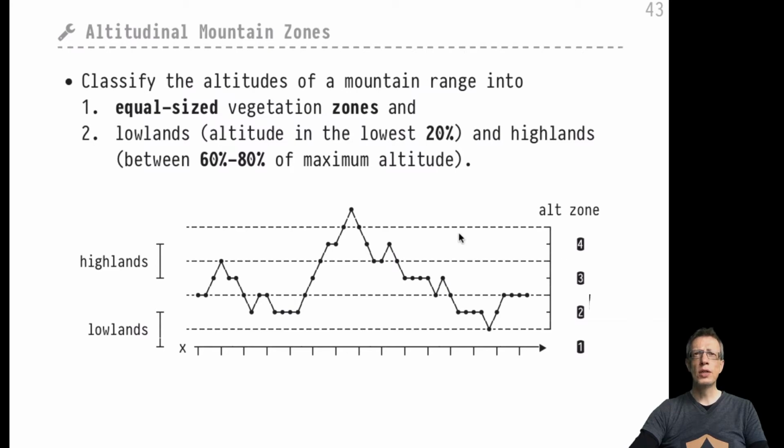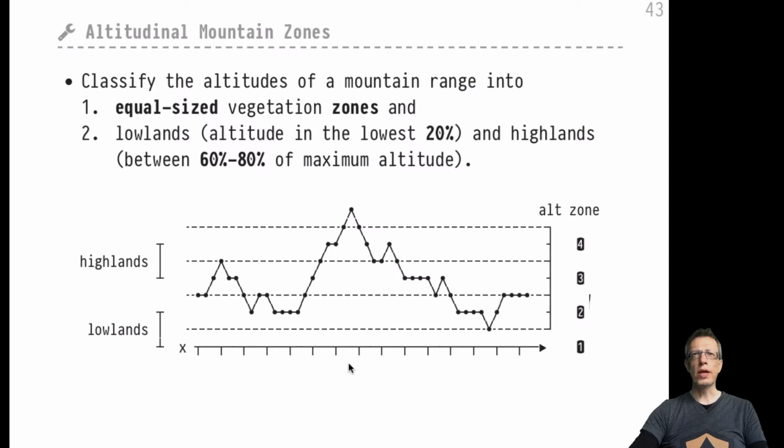The higher we get, the higher would be the zone number that we are assigning, and this would probably have some impact on the plant life that we can find in this particular zone. All right, so you can already sense that this will probably be a job for NTILE, to have equal sized zones that we are using to classify the altitudes, and of course the ordering criterion would be the altitude here.